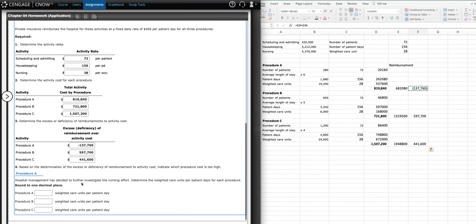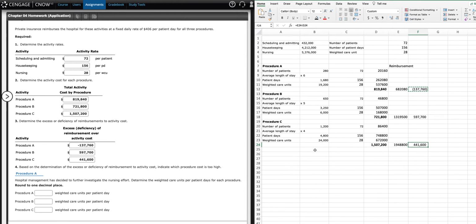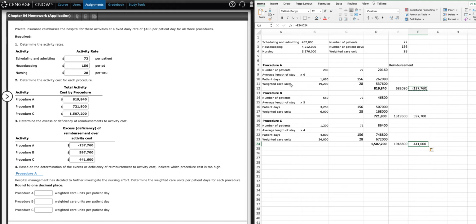Hospital management has decided to further investigate the nursing effort. Determine the weighted care units per patient days for each procedure. So, let's do that in a little sidebar over here. So it's asking us to determine weighted care units per patient day.